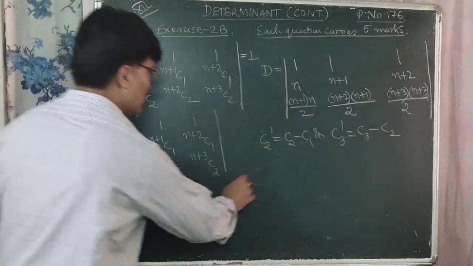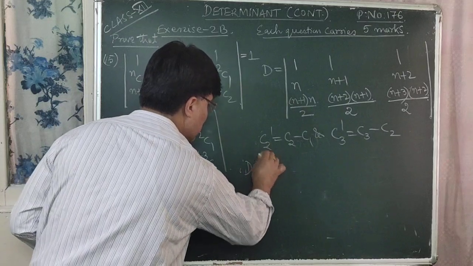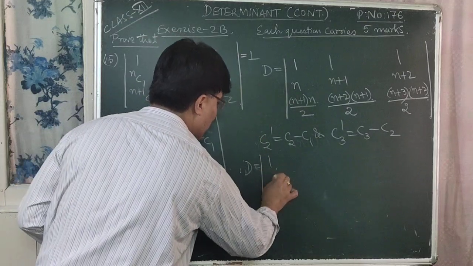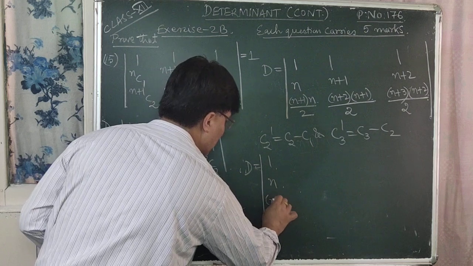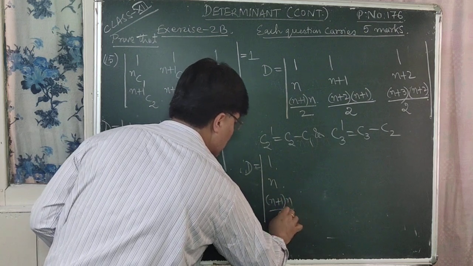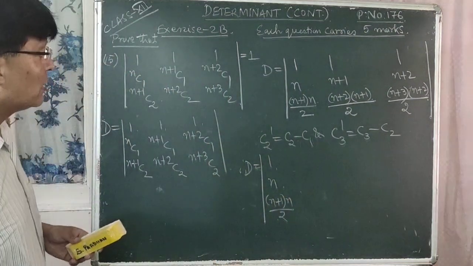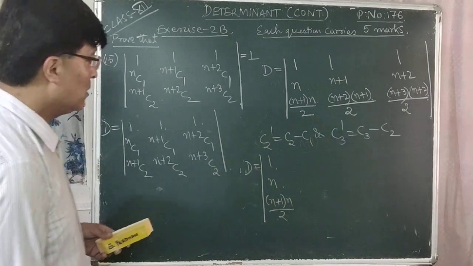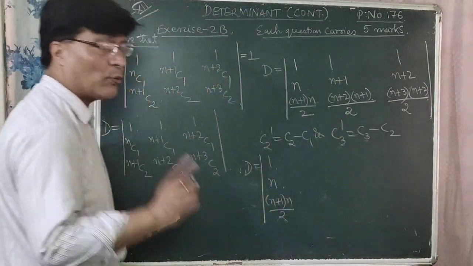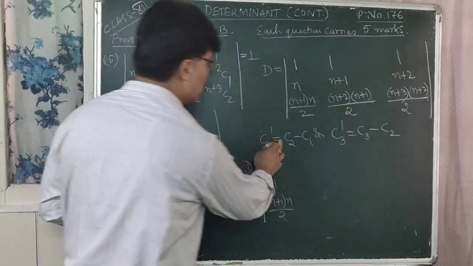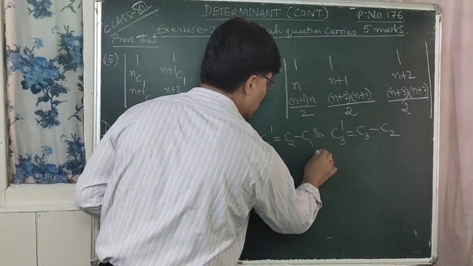Right? So what is D now? D is equal to, first column remains same: 1, n plus 1, n by 2. Right? This is the first column, remains same. Now what is the new second column? C2 minus C1. 1 minus 1 is 0.